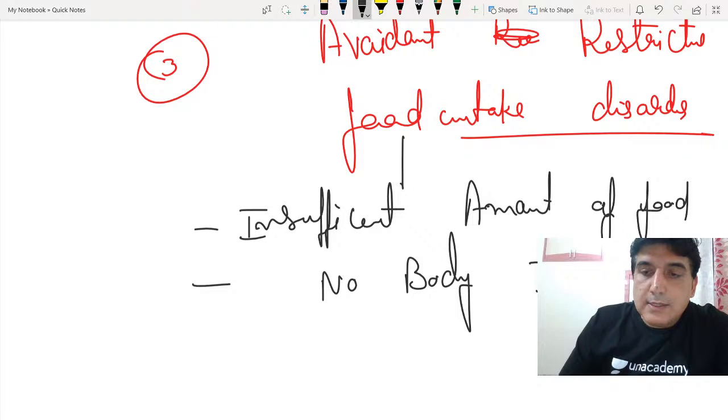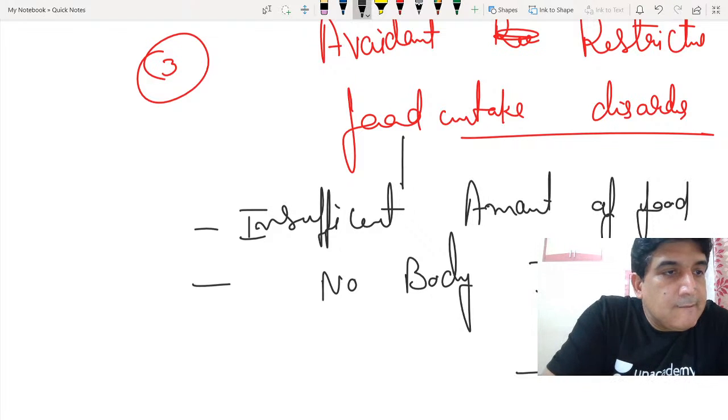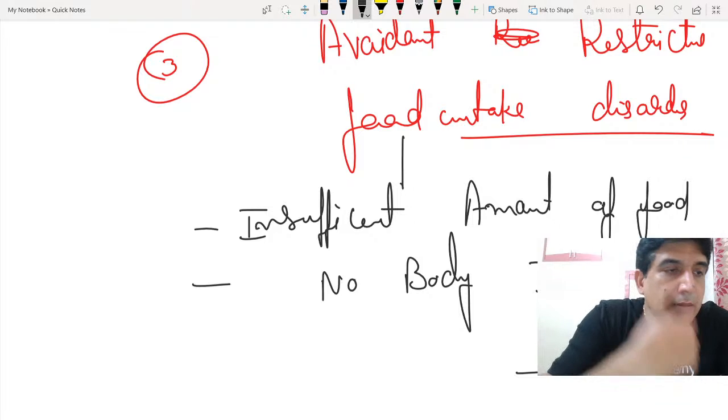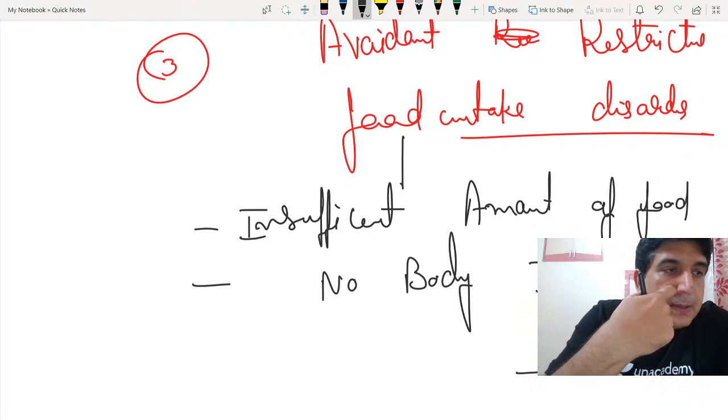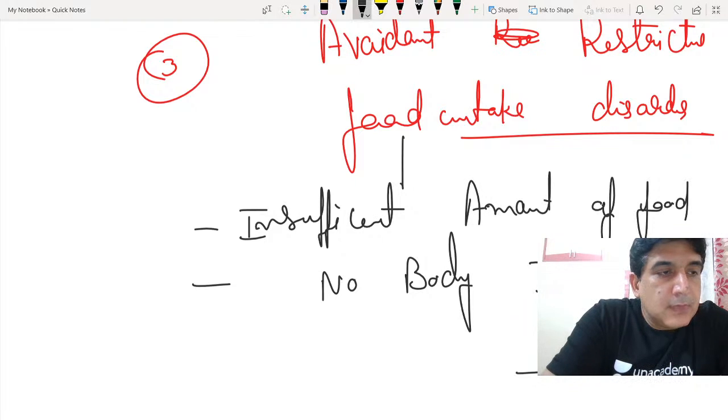Okay guys, so these are the important changes that have been made. Yes, gambling disorder comes in this.